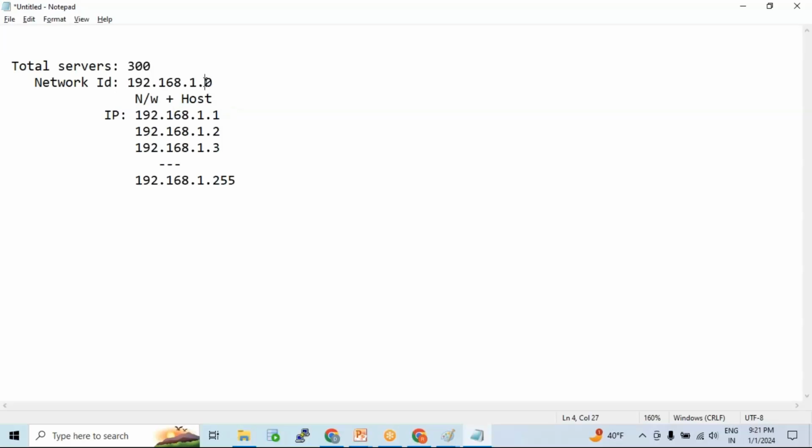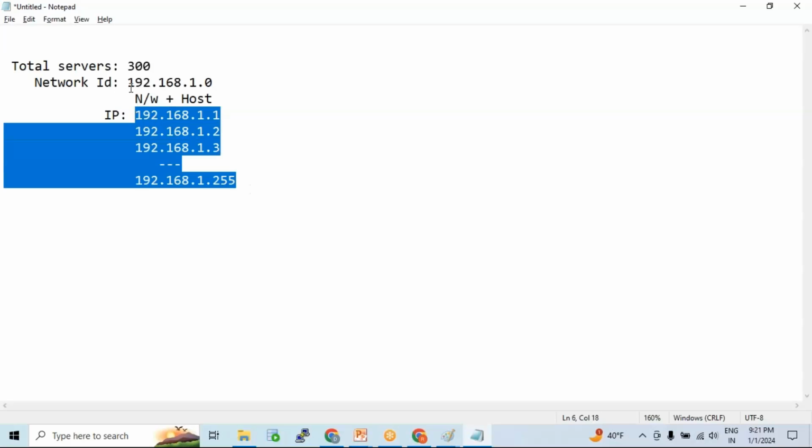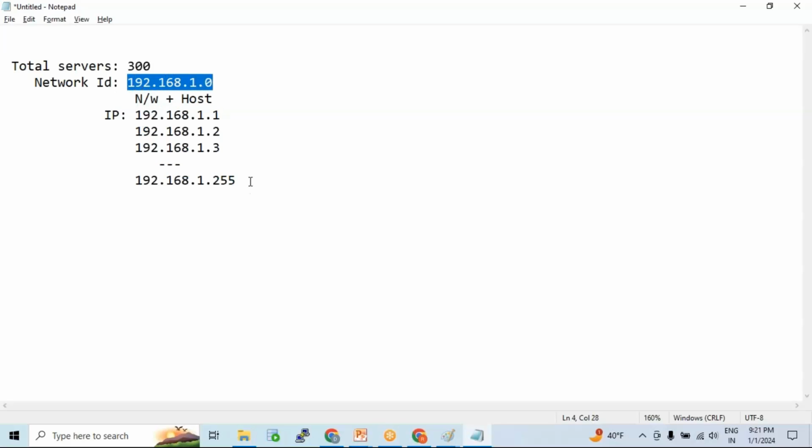The host part can be changing. You see here, only the host part is changing. The network part is the same across all these IP addresses. Hence I would say that all these 255 IPs belong to this particular network ID.